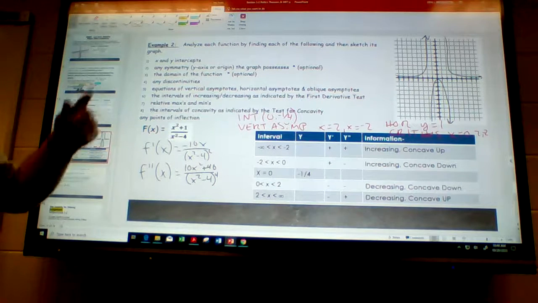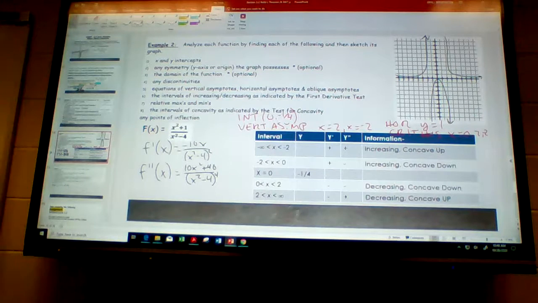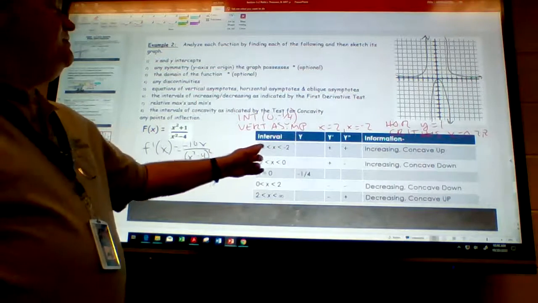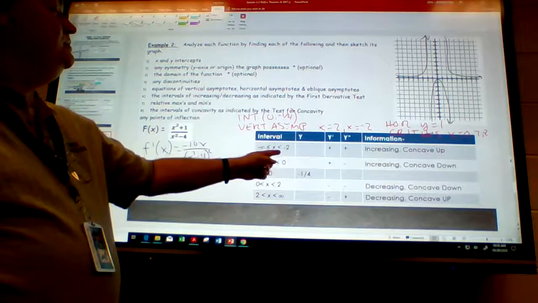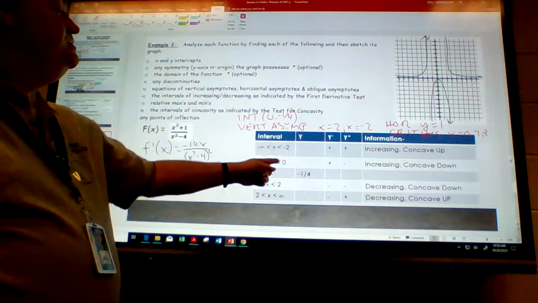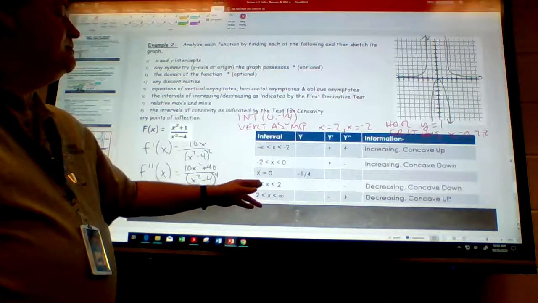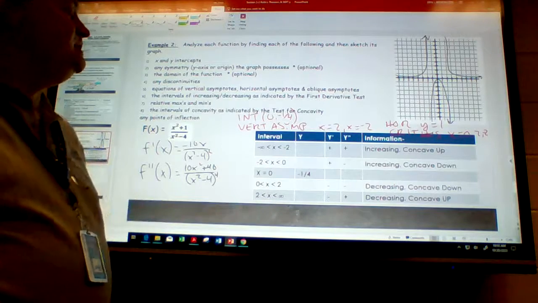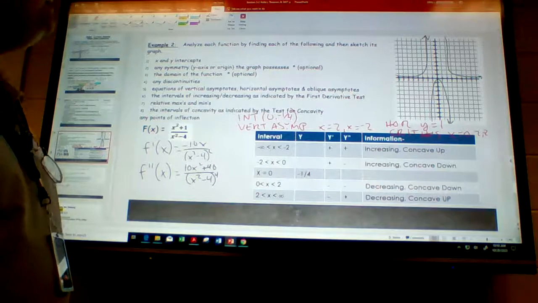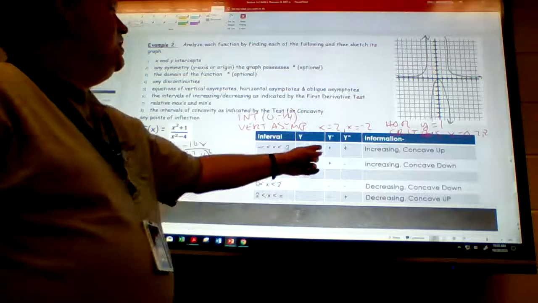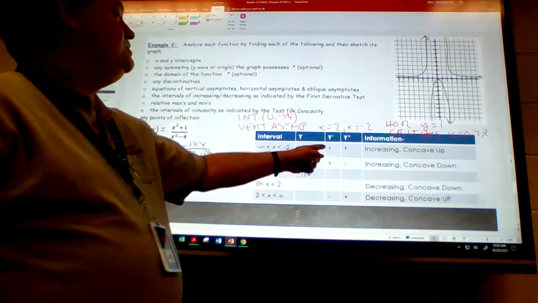I kind of messed up on my graph a little bit, so I will fix that here in just a moment. But I want you to get the right idea. So I got my interval from -infinity to -2, and then from -2 to 0, and then at x equals 0, I've got that. I'll talk about that in a moment. From 0 to 2, and then from 2 to infinity. Now, when I plug in my numbers, y prime on this interval is positive.